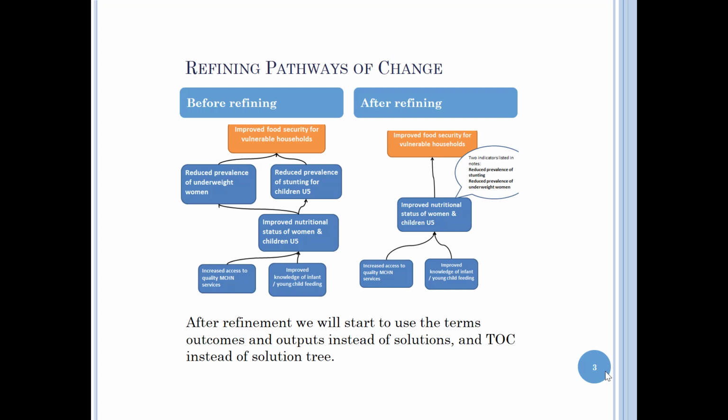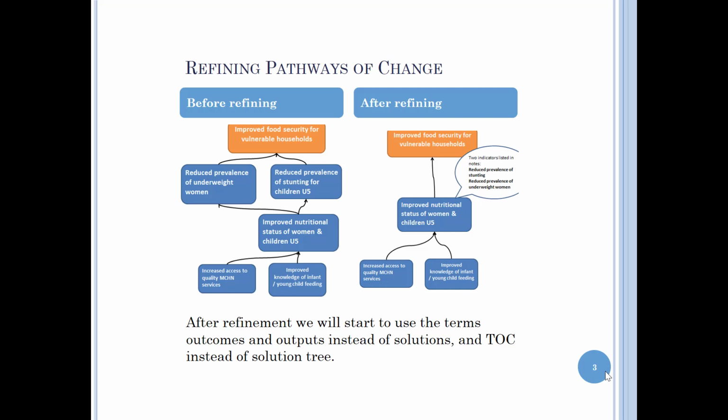But if you think about it, in fact, this reduced prevalence of underweight women and reduced prevalence of stunting for children under 5 are just indicators of the solution you have given below, improved nutrition status of women and children under 5.